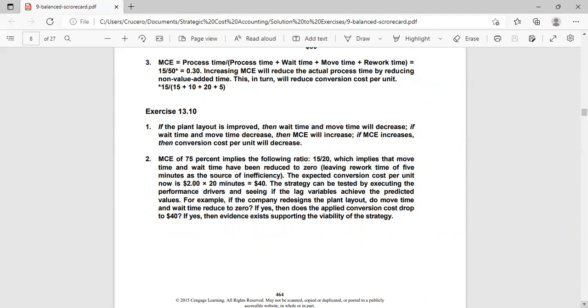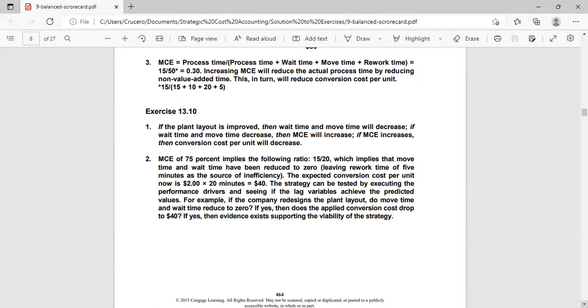The expected conversion cost per unit now is $2 times 20 minutes. So meaning it will be 40.